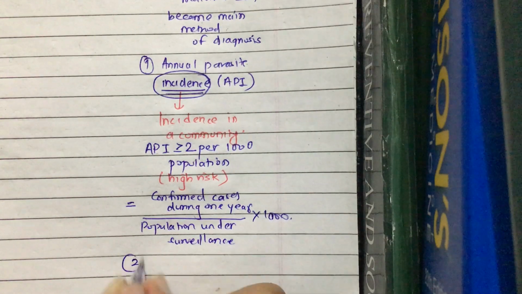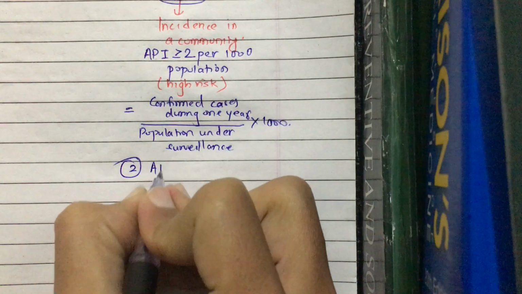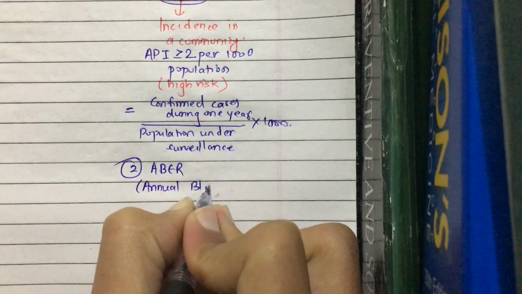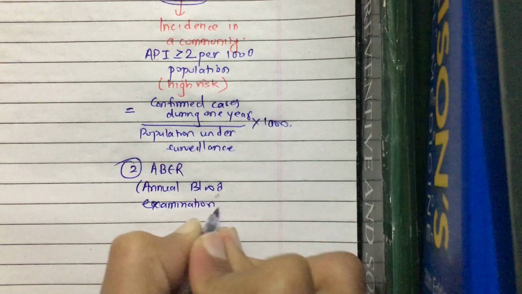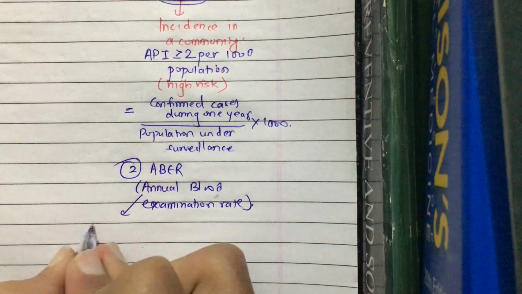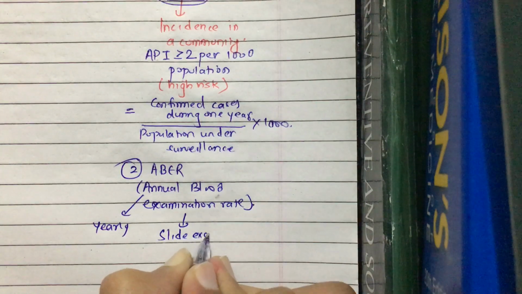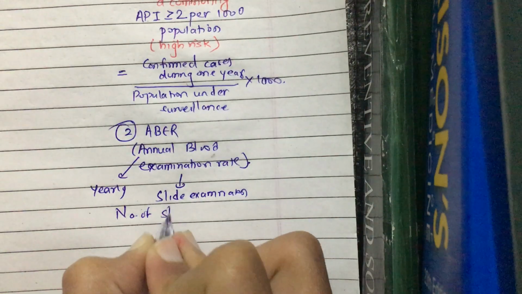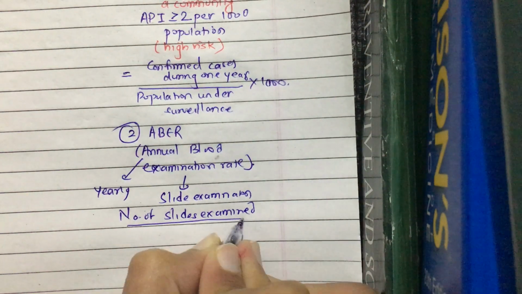Okay, second factor we use is the ABER. ABER means annual blood examination rate. As the name suggests, it is annual, means yearly. Blood examination means slide examination. So it is the number of slides examined in a population.